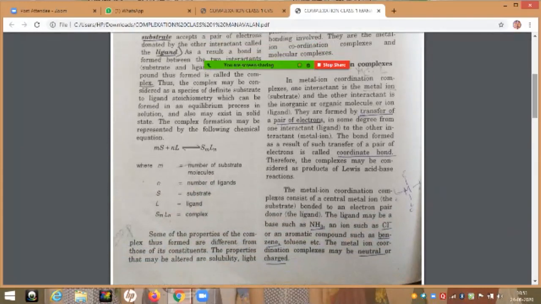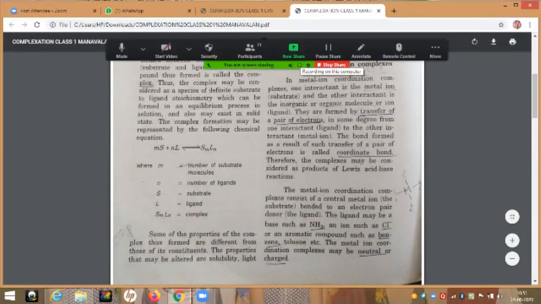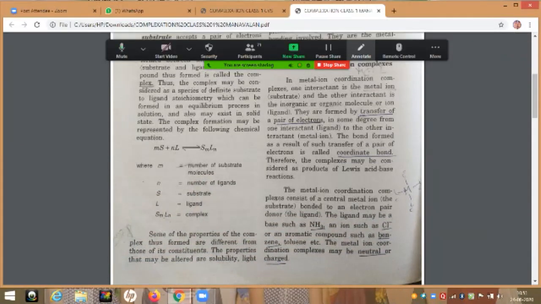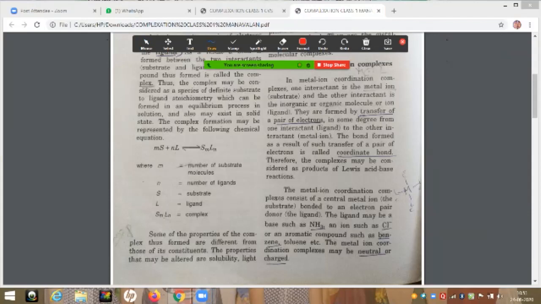Therefore, the complexes may be considered as products of Lewis acid-base reactions. If I go into a little more detail, the metal ion coordination complex consists of a central metal ion. Here you can see M at the center, and it is bonded by an electron pair from the donor, that is the ligand.